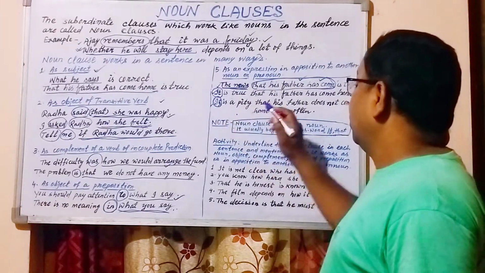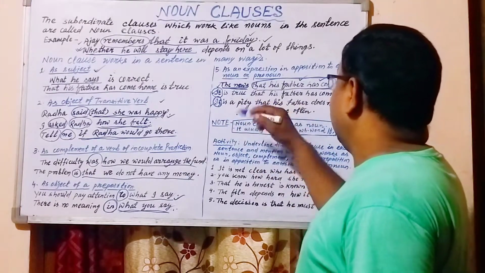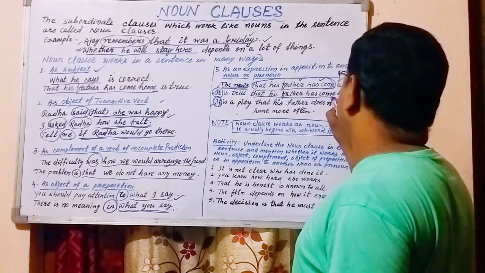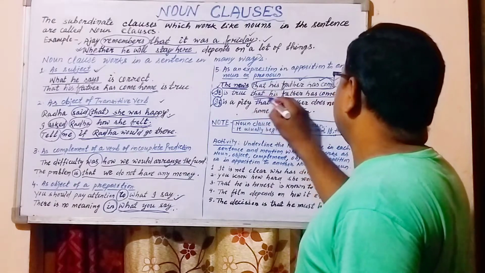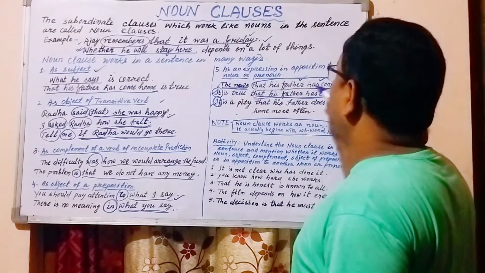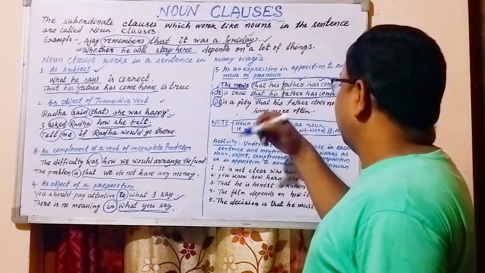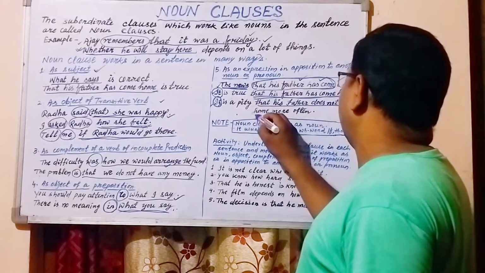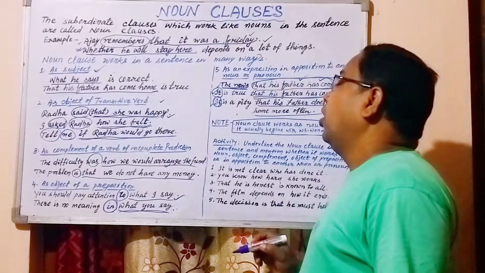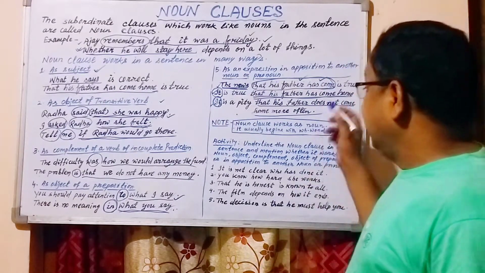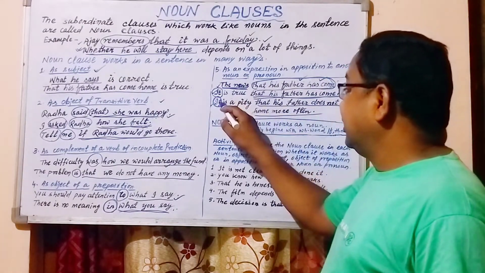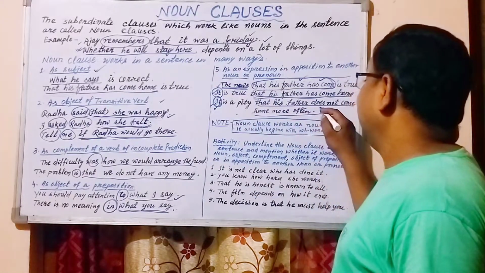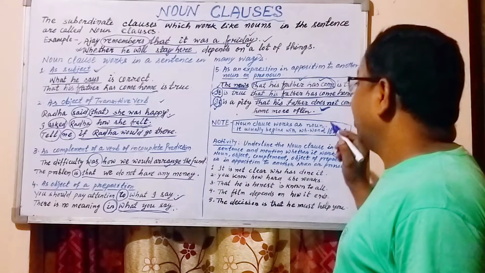Okay, so we can observe that his father has come home is the noun clause, and in the third sentence, that his father does not come home more often is the noun clause, and it can replace the subject it.